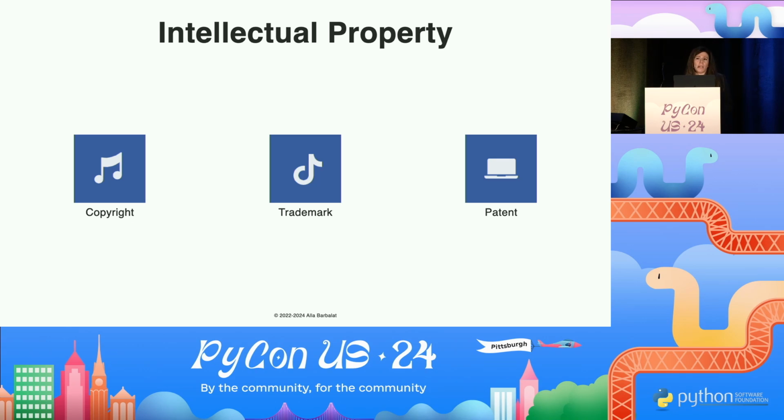Patents protect inventions, and that could be related to an issue that could come up if you're using AI generated code, because you might think, what if I create AI generated code that will allow me to implement an algorithm in a novel way? Although algorithms themselves do not receive patent protection, you can receive patent protection for implementing an algorithm in a novel way.